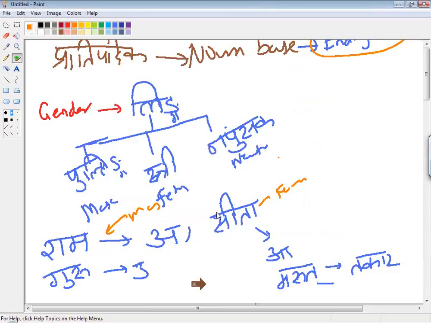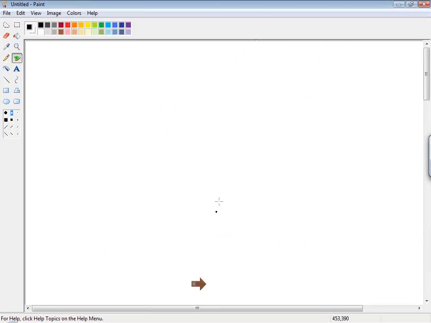Okay. So now we were looking at a noun base, a pratipadikam. You have to look at its gender and the ending letter.